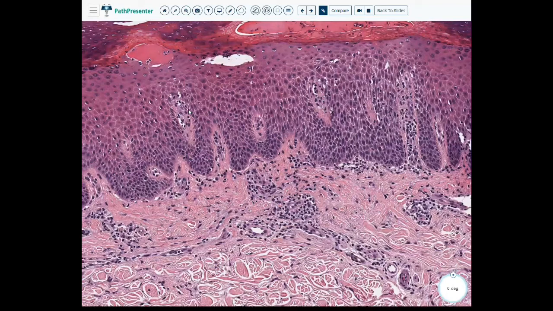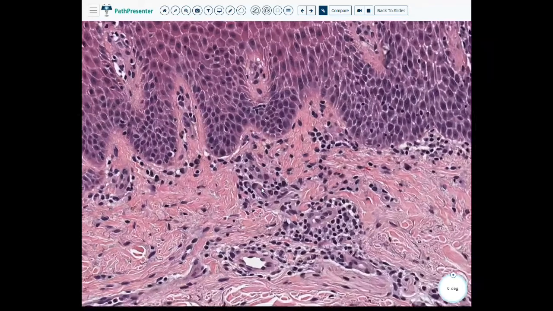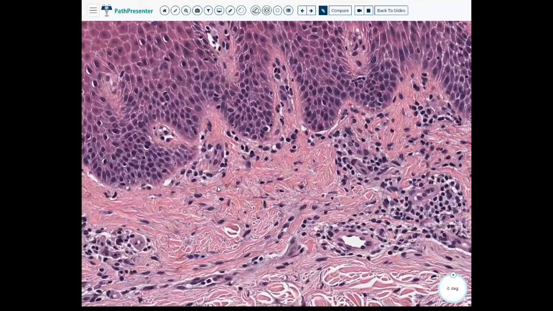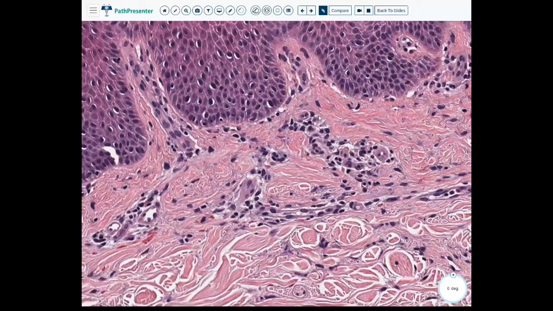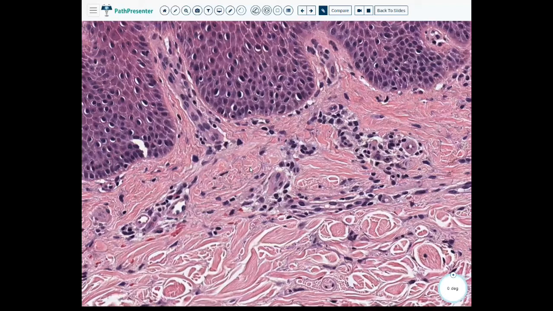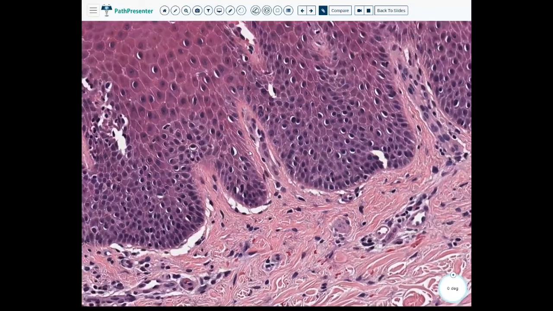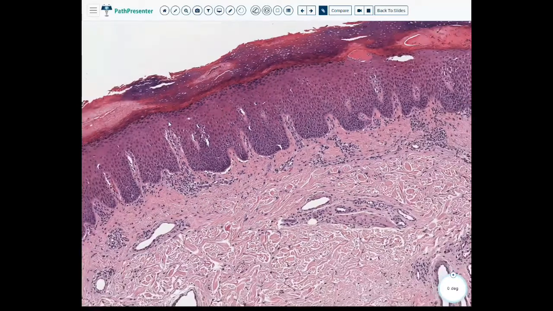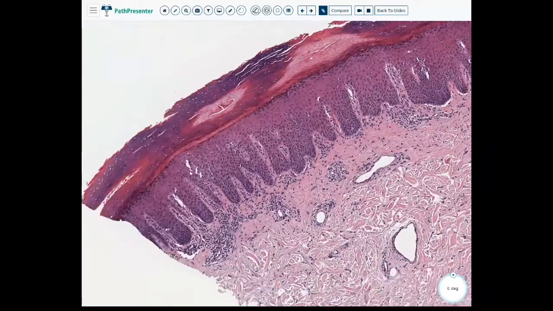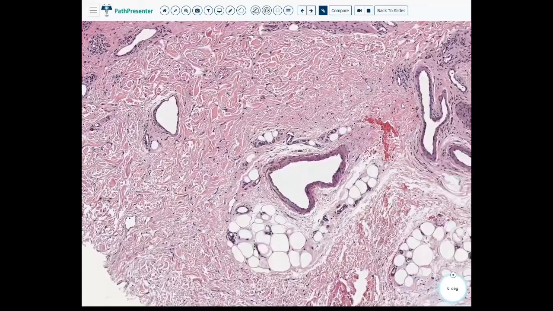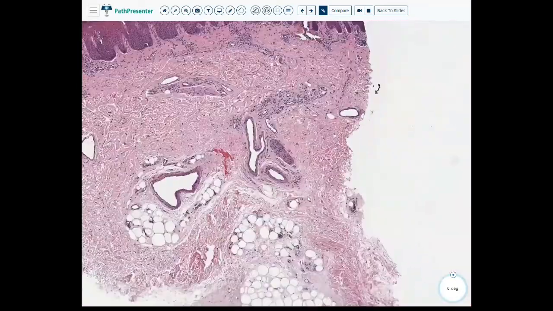That what we thought was inflammation at mid-power is inflammation. It's mostly lymphoplasmacytic. Maybe some red cell extravasation. But these microvesicles, acanthosis, and this mild superficial inflammation, because if we go into the deep dermis, we don't see any of that, right?